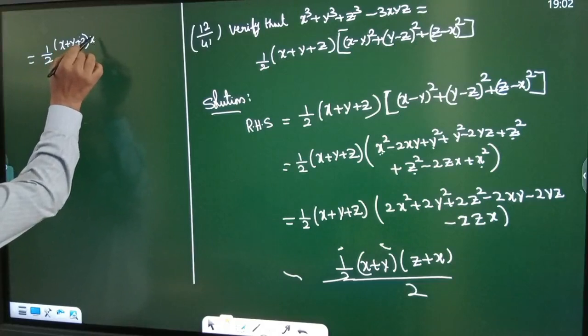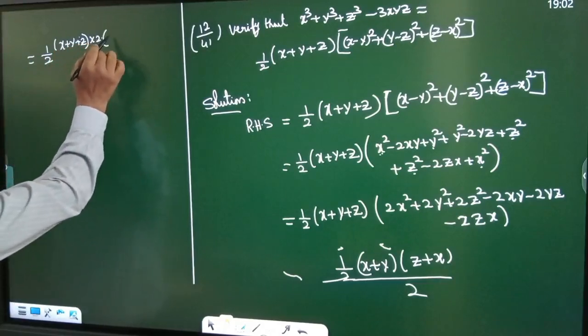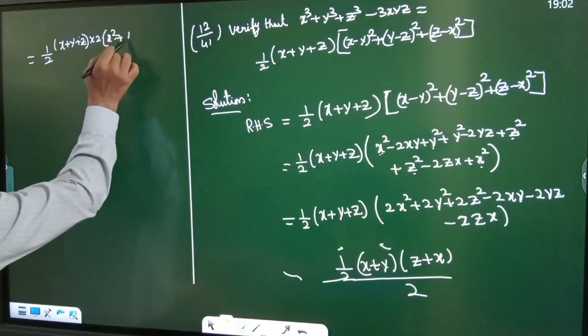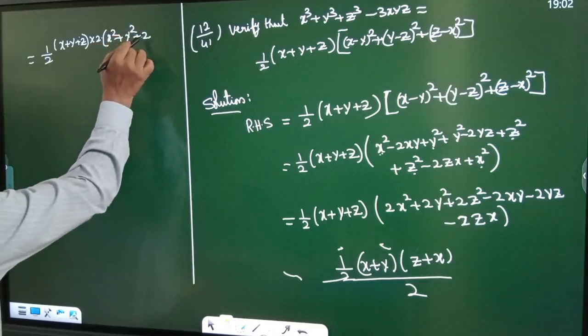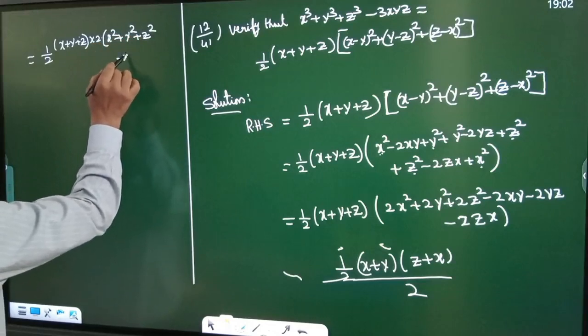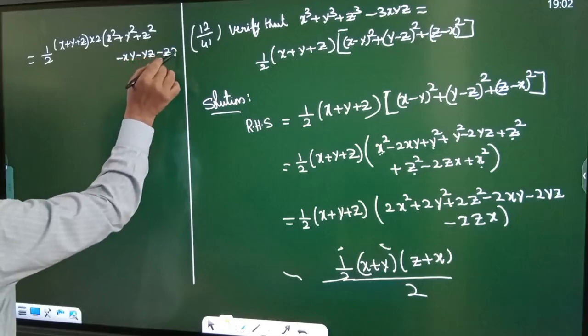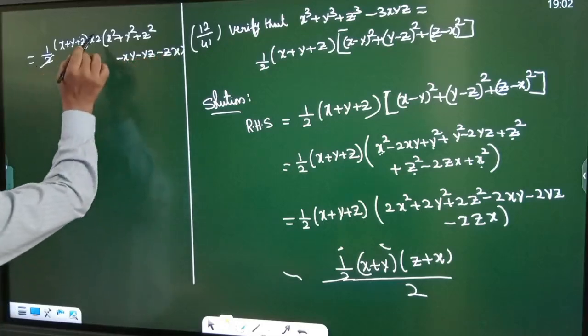Plus, into 2, I am taking common, into bracket: x square plus y square plus z square minus, already got, so minus xy minus yz. Very good. What will happen? These two will cancel.